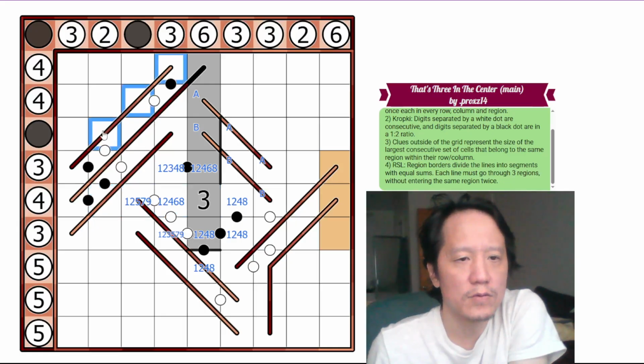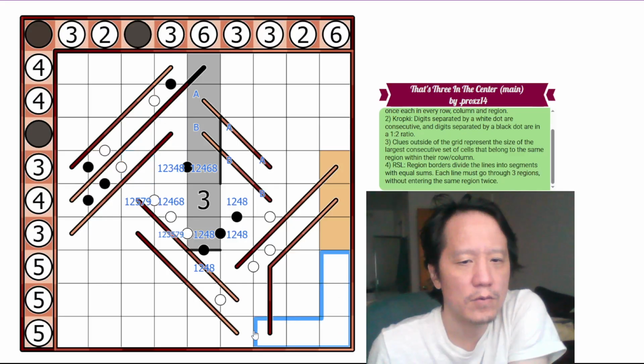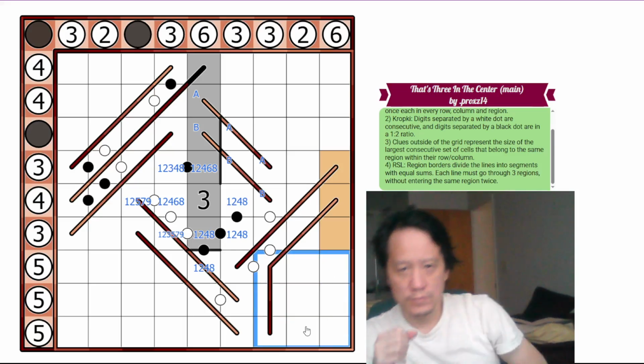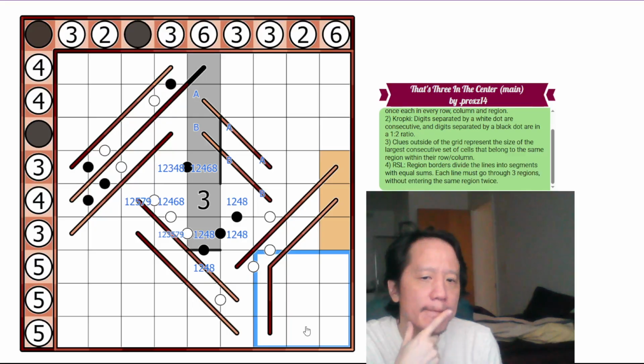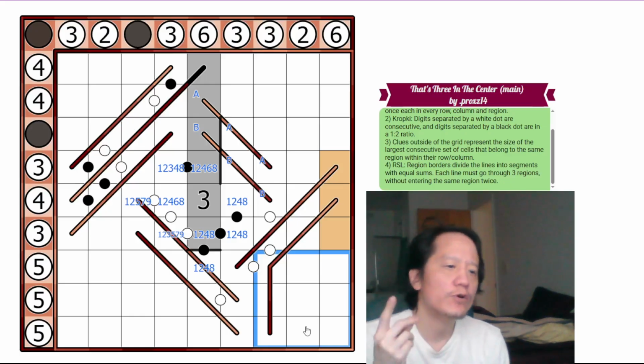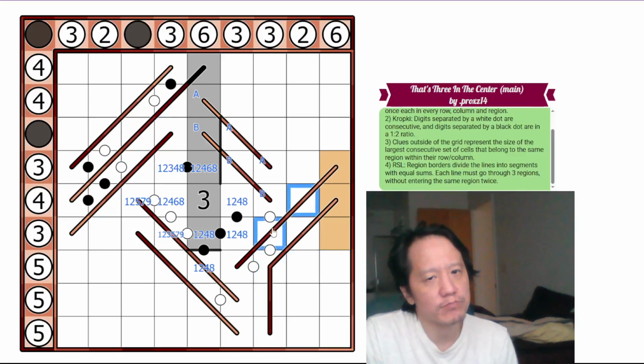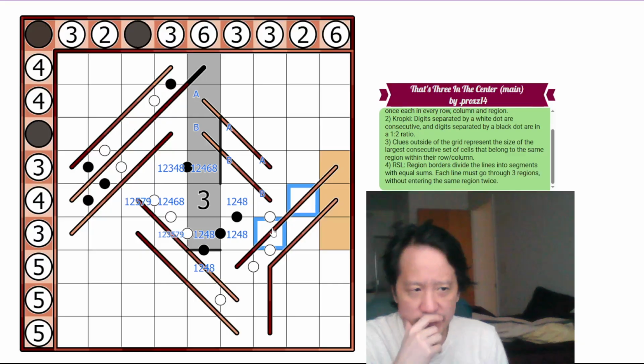These must go through 3 regions. One thing you cannot have is you cannot have 2 in the mid. No, you could have 2 in the middle. Never mind.